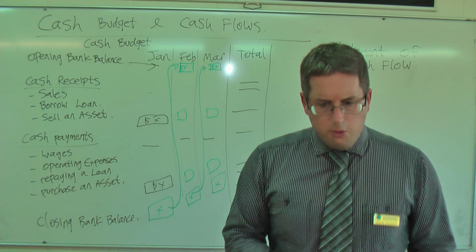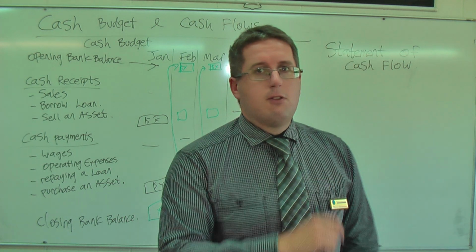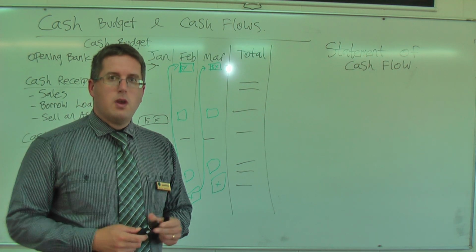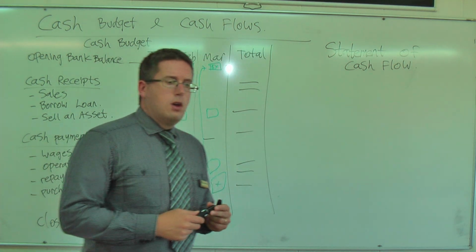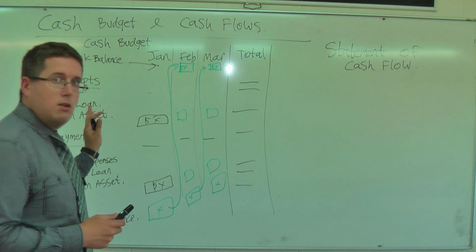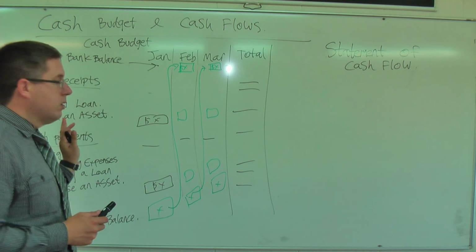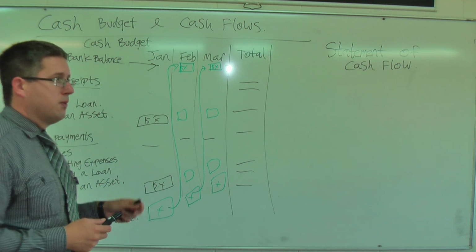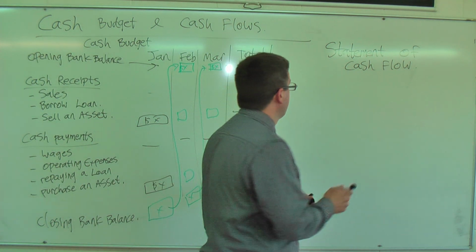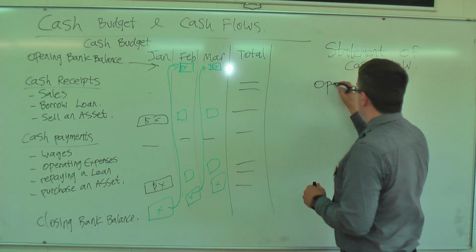Now, when we do the totals, we do the second step, which is a statement of cash flow. A statement of cash flow looks at categorising each of these sources of cash or spending of cash into 3 different categories. One of them is called operating.